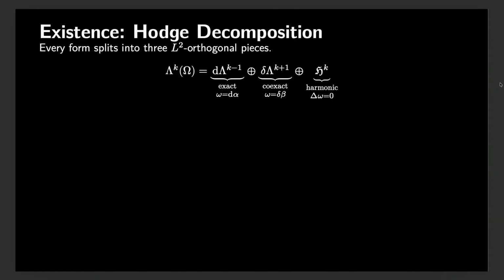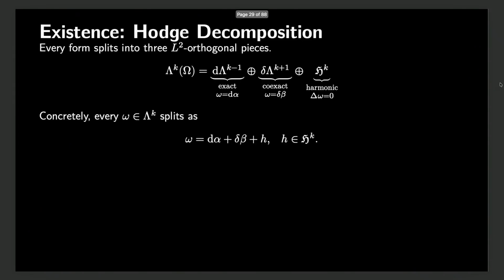This is a fundamental statement about differential forms, saying that any differential form can always be split into an exact part, a co-exact part, and a harmonic part. Written differently, any omega can be written as d alpha plus delta beta plus h, where h is harmonic.